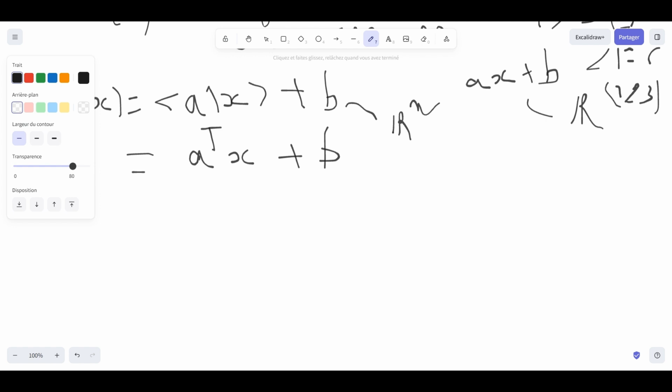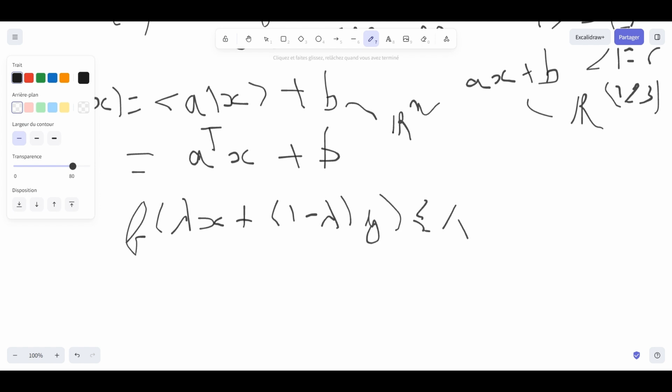So how can we do now? As we saw, the thing we want to have is this. To prove it's a convex function, we need to respect this, by the definition of a convex function that I explained in the last video.